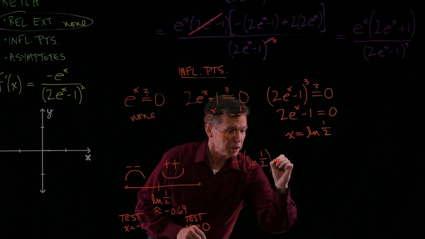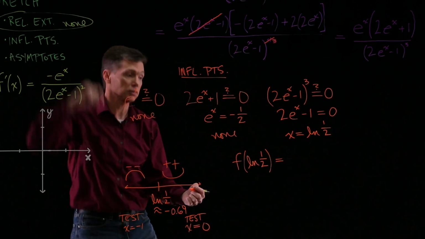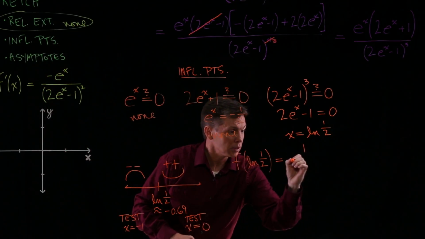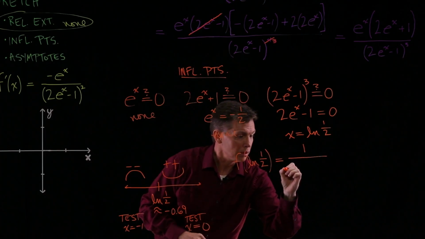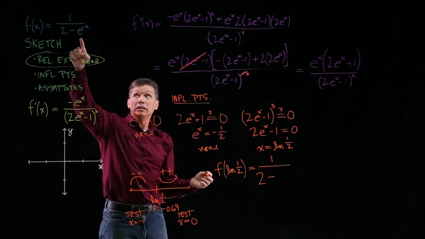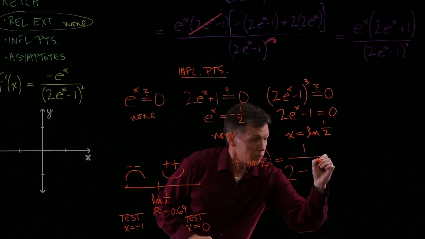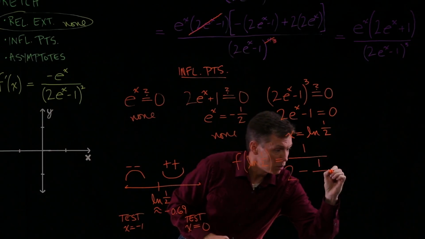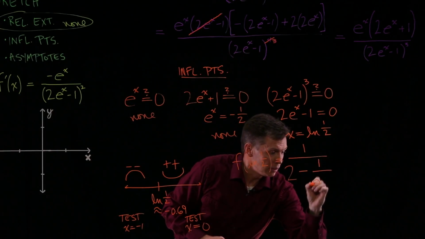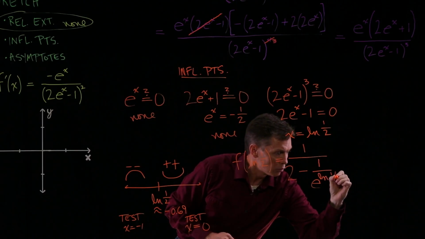But you'll see this actually isn't too bad. If I go to the original expression and try to put that natural log of 1/2 in for x, I'm looking at 1 divided by 2 subtract. Now e raised to that negative x power, I'm going to try to view that as 1 over e raised to the natural log of 1/2.